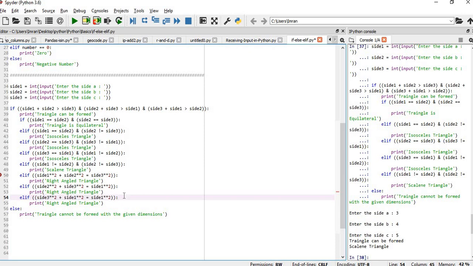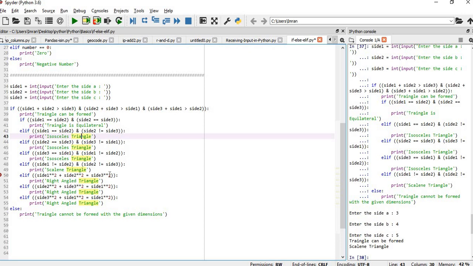Now in this case, what I have already said is that the moment the very first condition is satisfied, it will come out. Even if a condition in the later part is true, if there are two conditions true, the very first will be executed and it will come out. How two conditions can be true, I will show just now. Now you see here, 3 4 and 5 is an example of a scalene triangle.